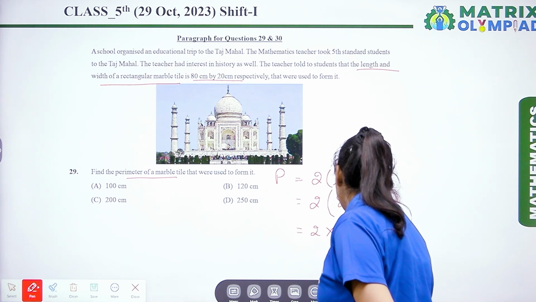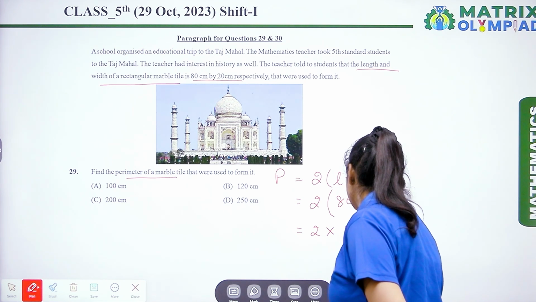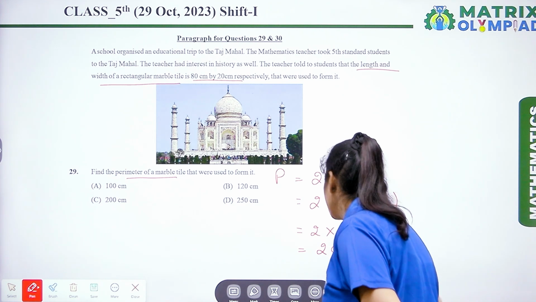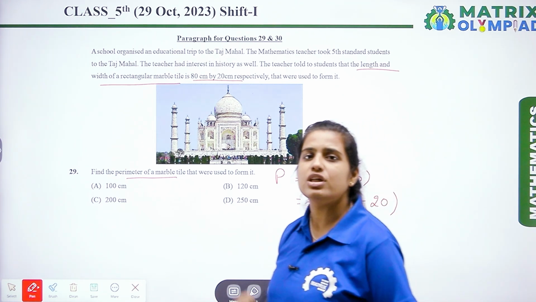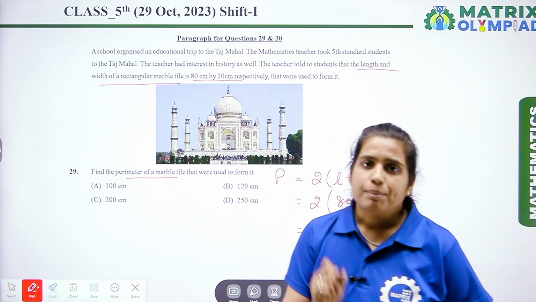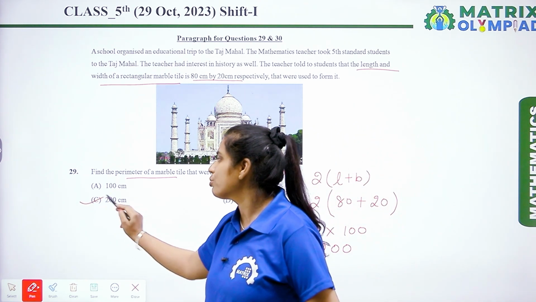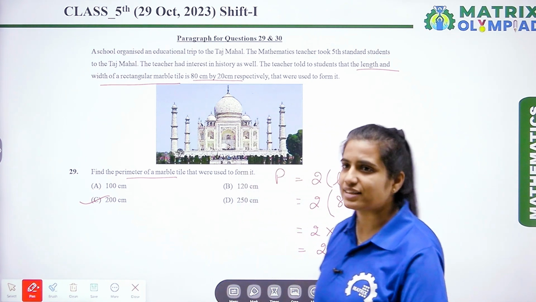So 2 multiplied by 80 plus 20, which is 100, so here we have 200. So the perimeter of the rectangular marble tile is 200 centimeter. Here option C is the correct answer.